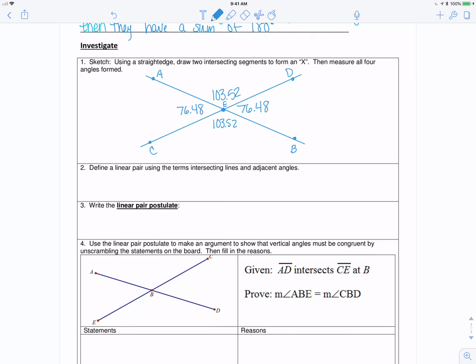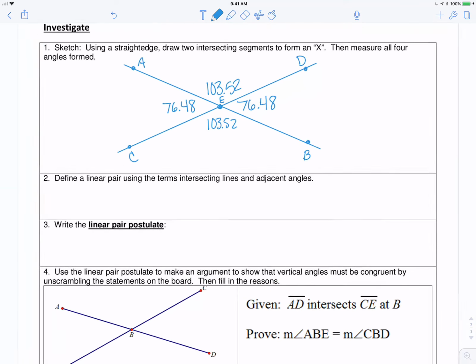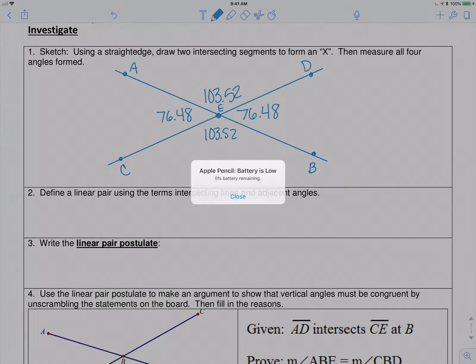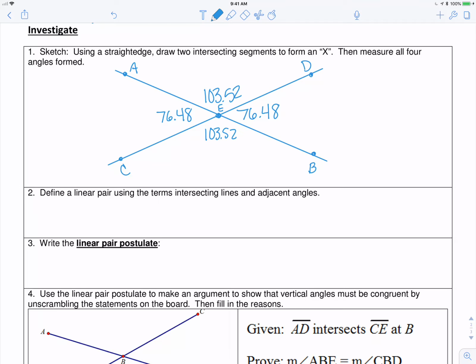Okay. Step 2, you might already see some patterns that are showing up if you compare your measurements to my measurements, and we'll make some conjectures about those patterns in just a second. So number 2 says define a linear pair using the terms intersecting lines and adjacent angles. So a linear pair would be a pair of angles that form a line. For example, these 2 angles right here are a linear pair.